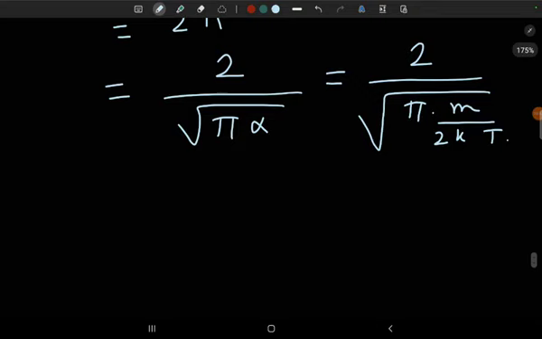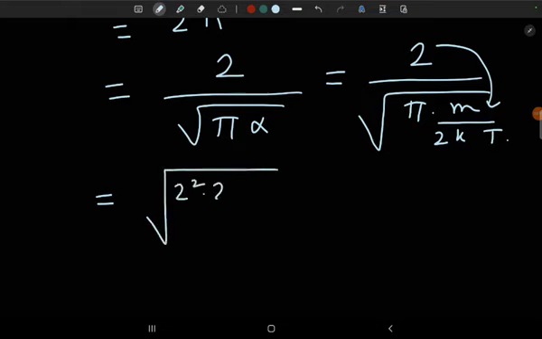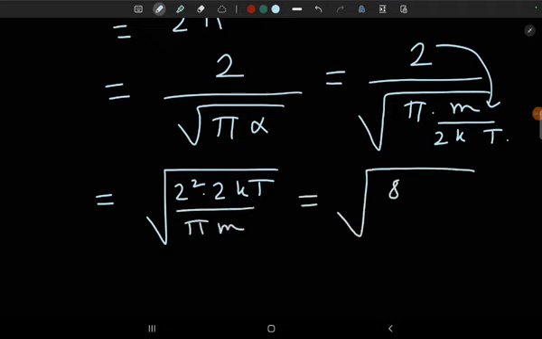K was the Boltzmann constant, and if we take this 2 inside the root, it will come in as 2 squared, so this was actually 2 squared times 2 kt by pi m, and we have the famous formula for the average speed of the Maxwell speed distribution.